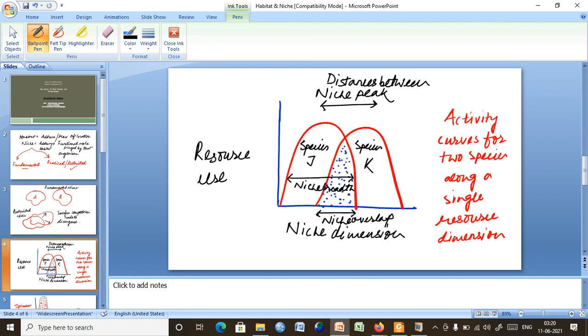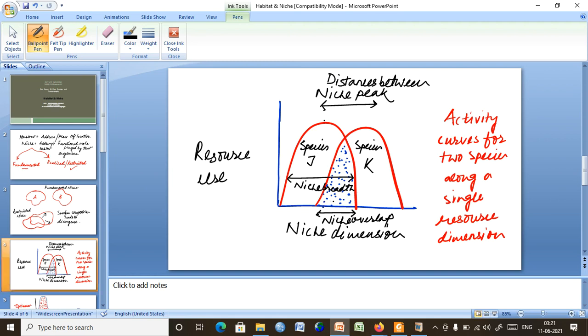Now, just follow this graph. In this graph, we want to establish the use of resource and the niche dimension pattern. Here we use two species, species J and species K. When they are interacting with each other and there is an overlap, this is the niche overlap region represented by the dotted portion.